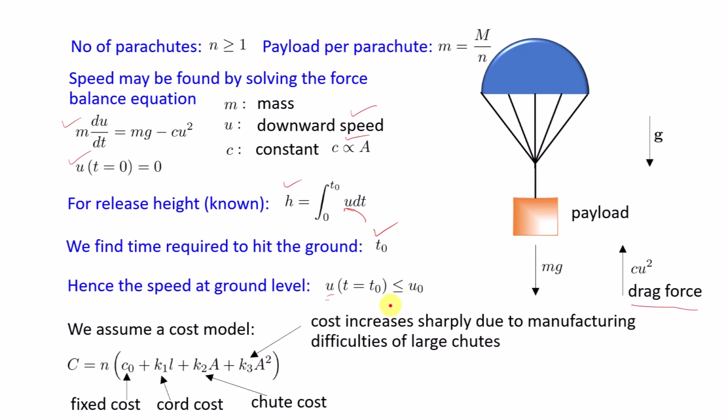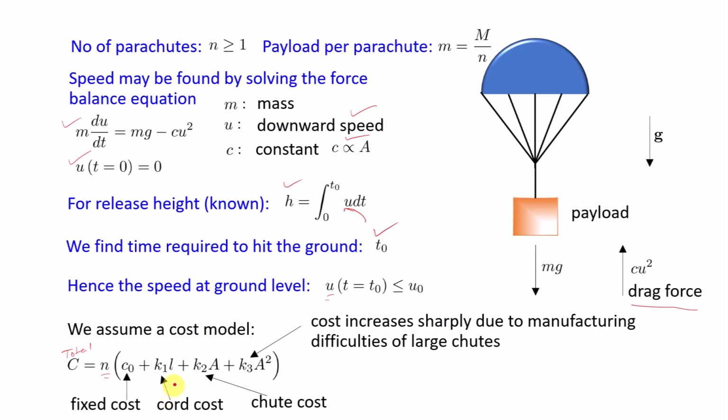But now we include a cost model in this. So this is our total cost, and our total cost consists of several components. It is multiplied by n because this is cost per parachute within the first bracket. So first there is a fixed cost. Fixed cost can involve many different aspects. We will not get into the detail.